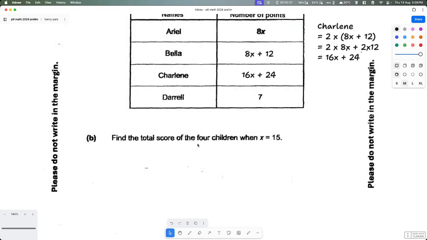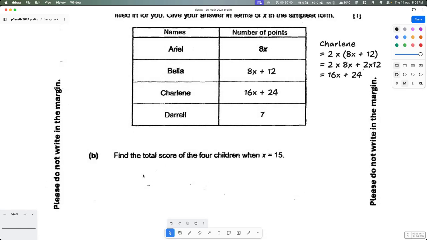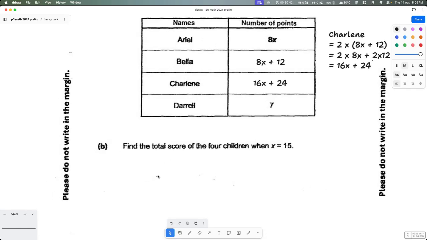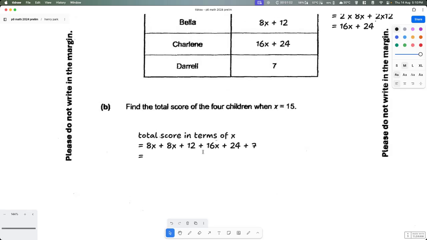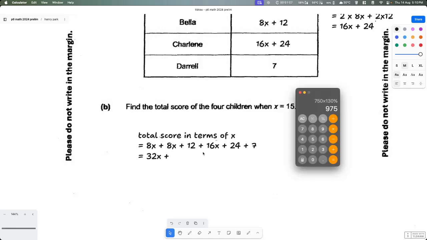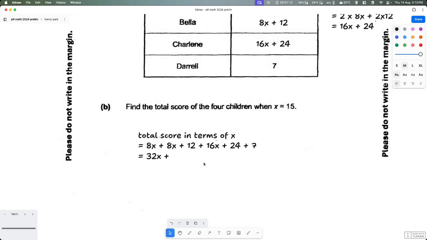Find the total score of 4 children when x is 15. Okay, so total score in terms of x is equal to 8x plus 8x plus 12 plus 16x plus 24 plus 7. If you calculate, it's 32x plus 12 plus 24 plus 7, which is 43.